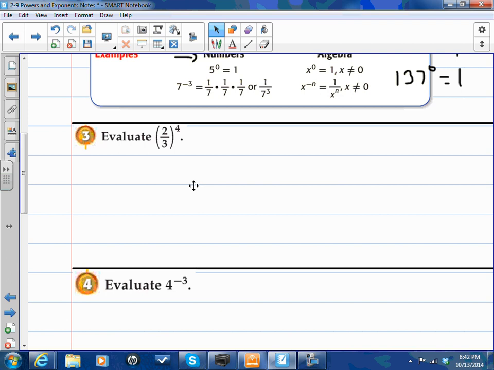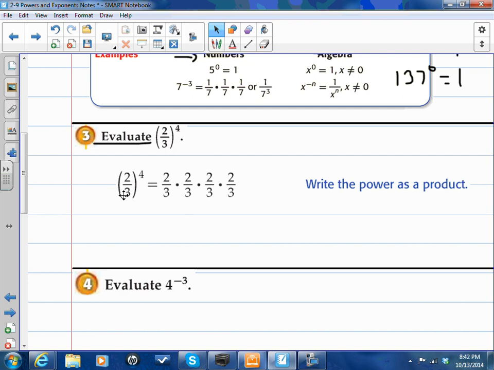So I was going to evaluate 2/3 to the 4th power, and hopefully we remember that evaluate means to solve to find a numerical value. 2/3 to the 4th power is the same as 2/3 times 2/3 times 2/3 times 2/3. So we're writing our power now as a product.